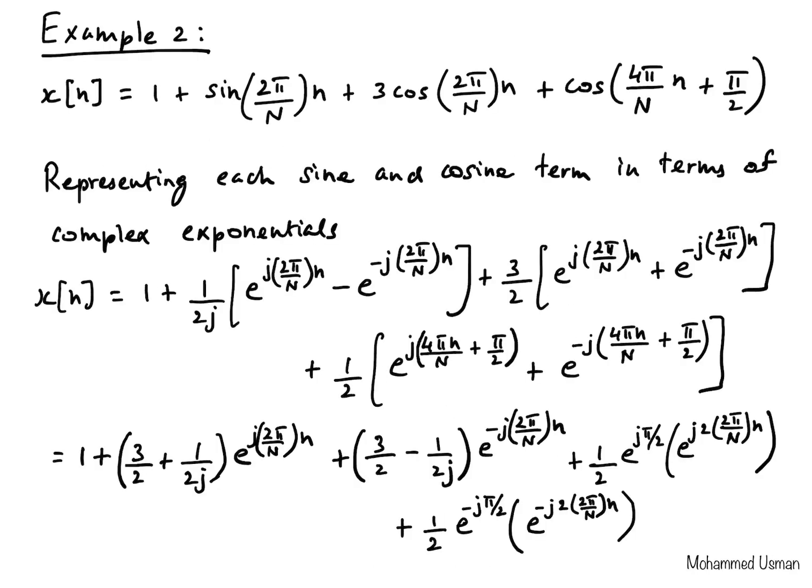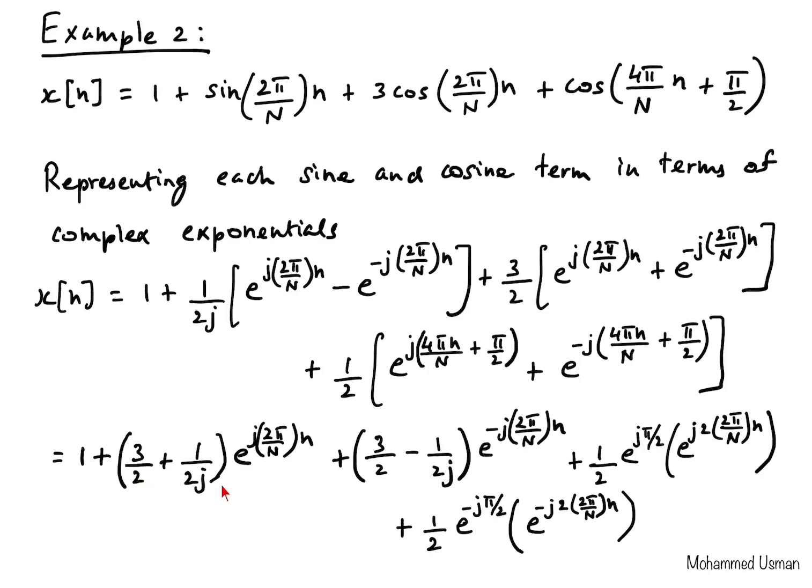So we see that, comparing the terms with the Fourier series summation expression, or the synthesis equation, the first term here is a0 e power j0, which is constant. So this is corresponding to a0. This is corresponding to a1 e power j1 omega naught n.